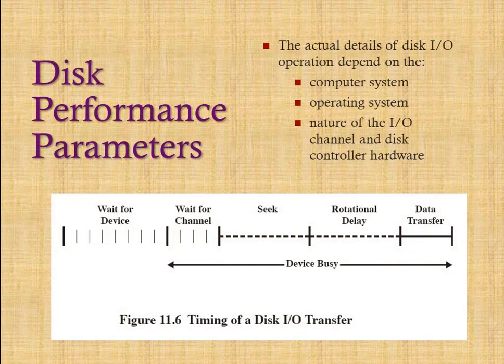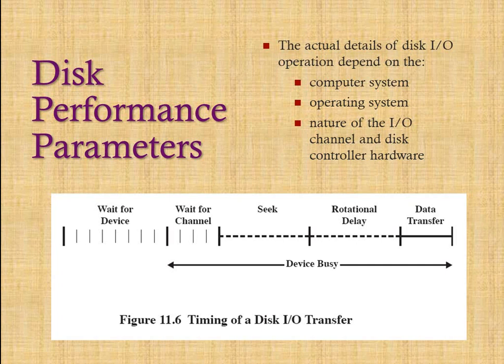Before proceeding towards disk scheduling algorithm, let us understand disk performance parameters. The actual details of the disk input-output operation depends on the computer system, the operating system, and the nature of the input-output channel and the disk controller hardware.